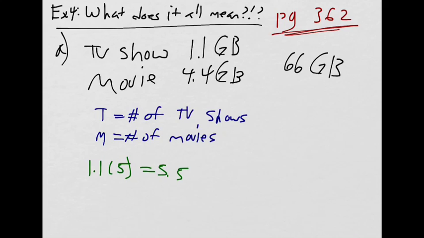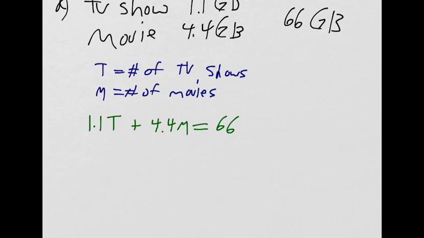So an expression that we could use to find the memory of any number of TV shows would be 1.1 times T, because T represents the number of TV shows. Likewise, if I wanted to know the amount of memory that movies took up, I would just go the amount of space per movie, 4.4, and multiply by the number of movies, in this case M. Those two amounts totaled together, the amount of memory from TV shows, the amount of memory from movies, should total up to 66. Okay, so there is our equation in general form that models this situation: 1.1t + 4.4m = 66.